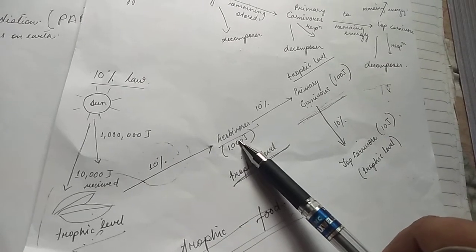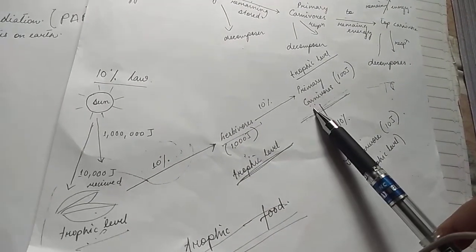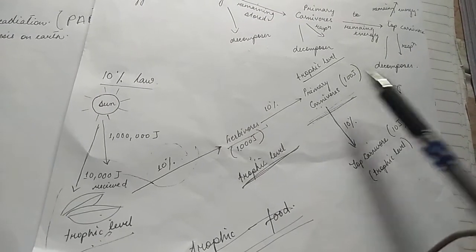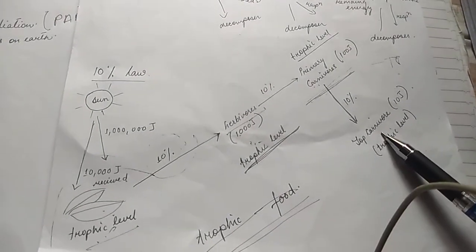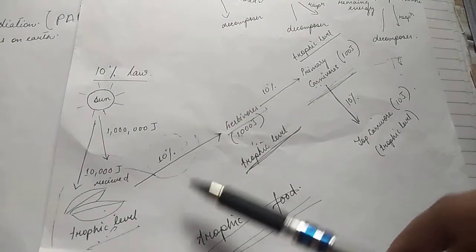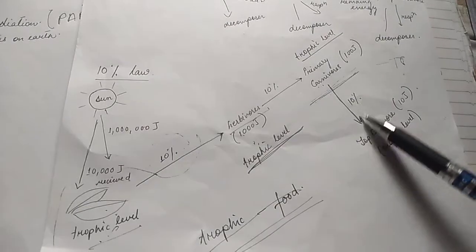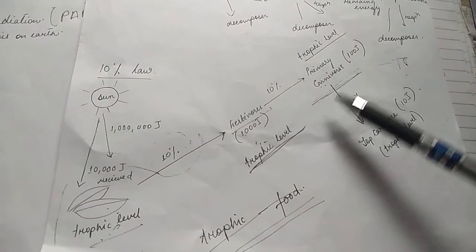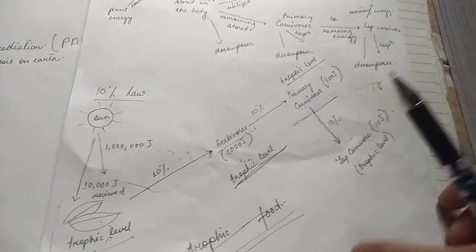The herbivores itself are food for carnivores. The primary carnivores are themselves food for the top carnivores. So each level is known as a trophic level.